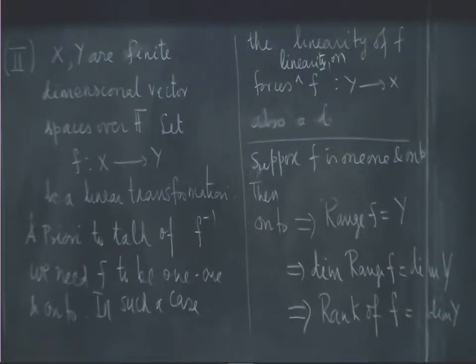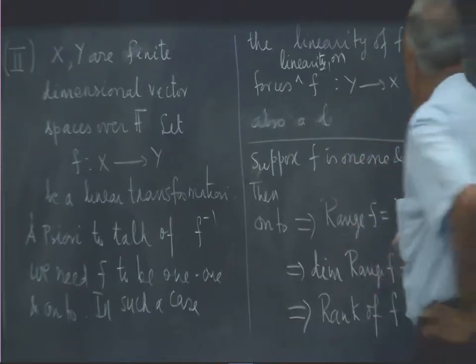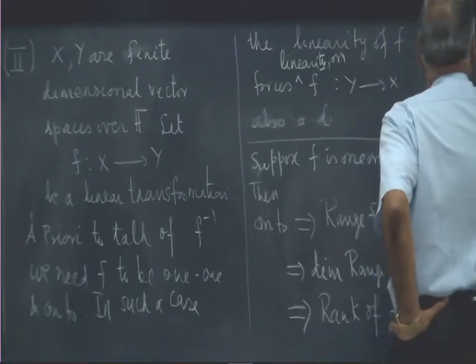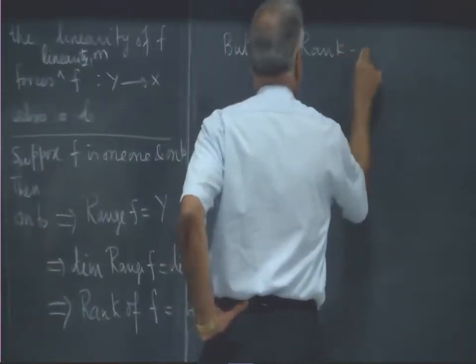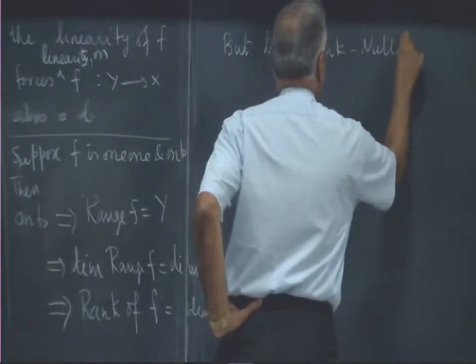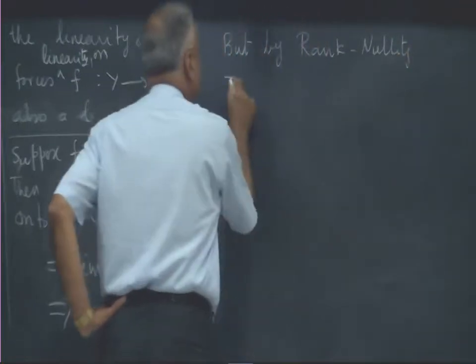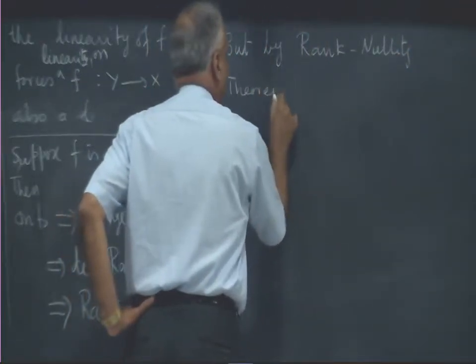But then we have a theorem which says that the rank plus nullity is equal to the dimension of the domain space. By the rank nullity theorem for finite dimensional spaces, we have this. It is a very innocuous looking, simple theorem, but very useful.